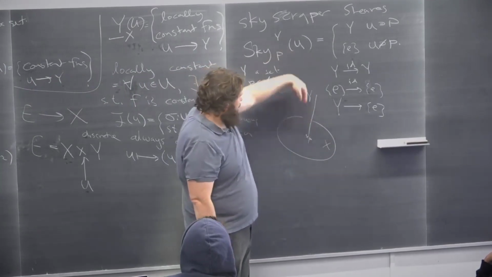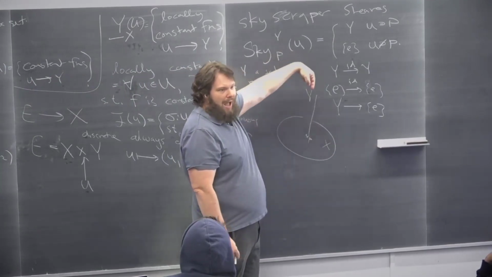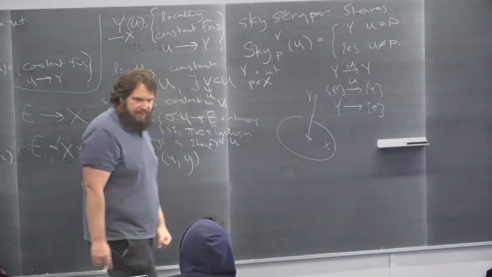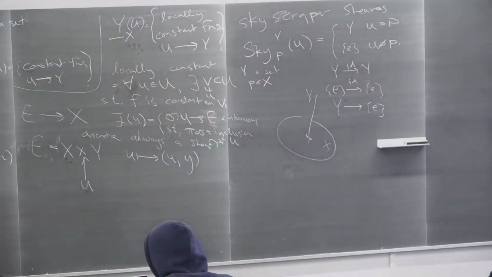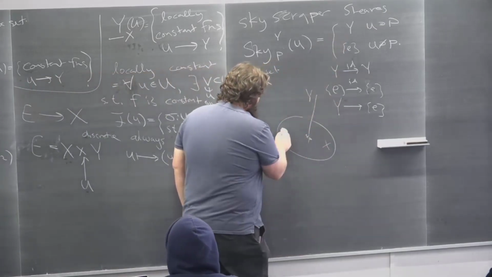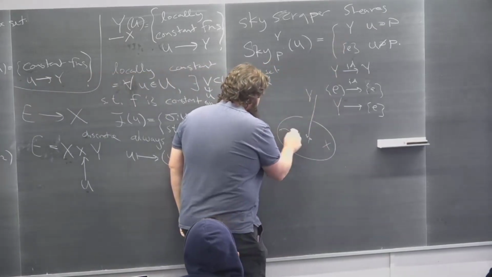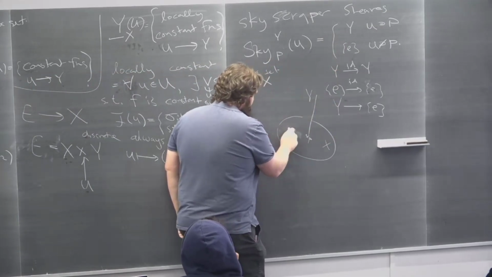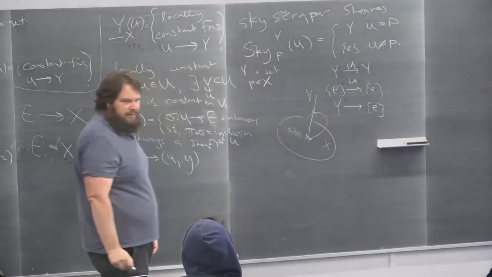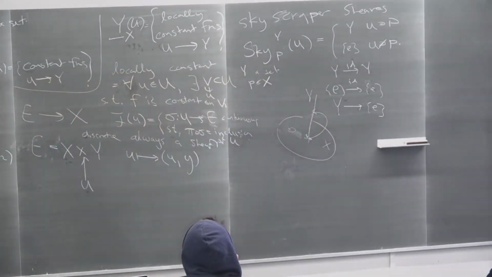But it's called the skyscraper sheaf because this copy of Y kind of looks like a skyscraper jumping out of this point at X. And the way I think of this as a function is, at every point other than p, I just have to stay in the same spot. And then at p, I map p to one of the elements of this image. And I have to set things up so that I could map to any one of them, which is why it's a weird topology.